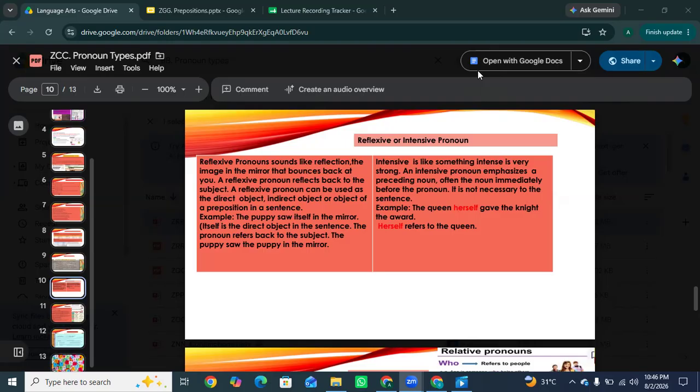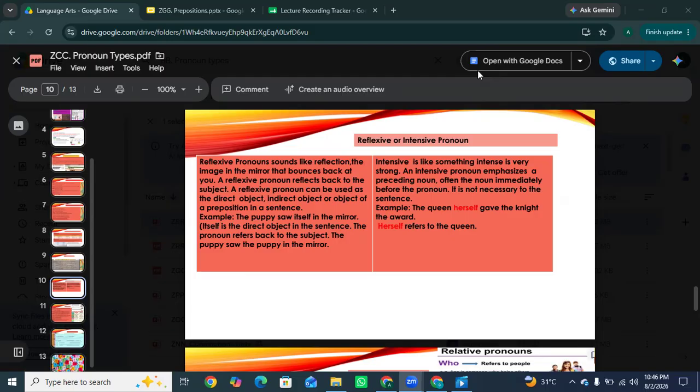So the important point of a reflexive pronoun is that it is necessary to complete the sentence. If you remove it, the sentence becomes incomplete. Whereas intensive pronouns, intensive comes from intensity, like making something stronger. An intensive pronoun is used purely for emphasis.